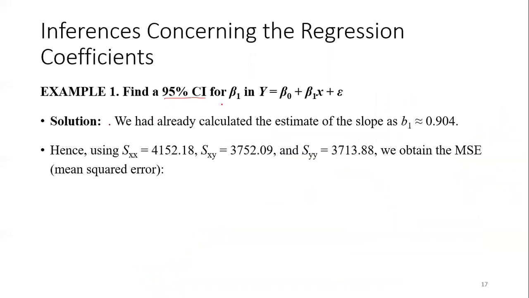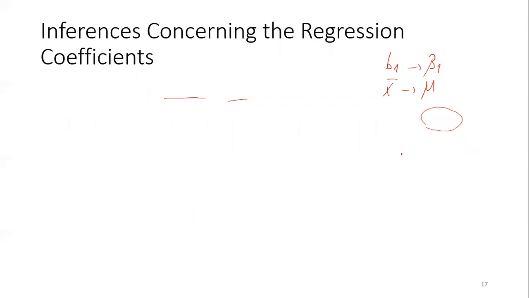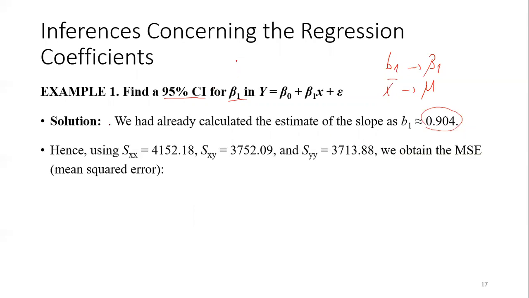So the next step is to find the 95% confidence interval for beta 1. We found that the point estimate is 0.904. Remember, B1 is an estimator for beta 1, just like X bar is an estimator for mu. So what was the formula for the confidence interval?